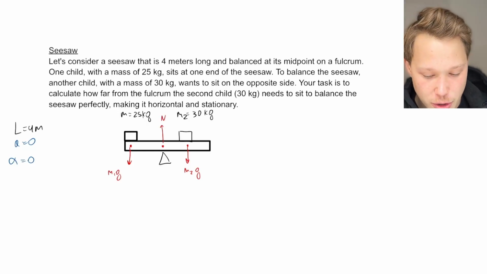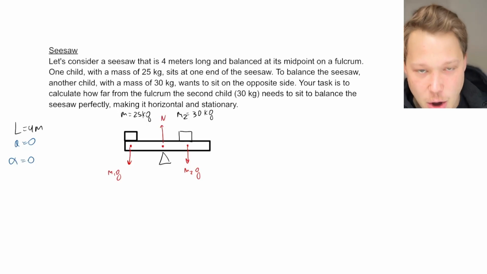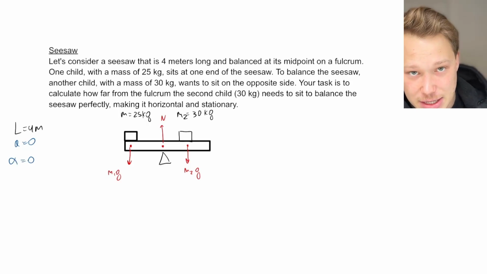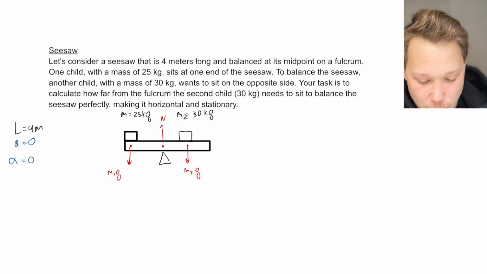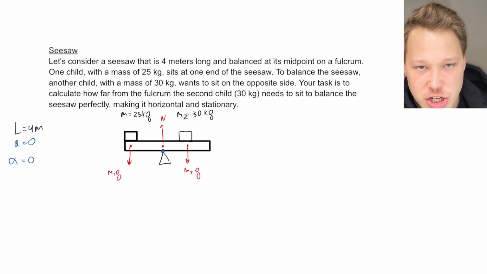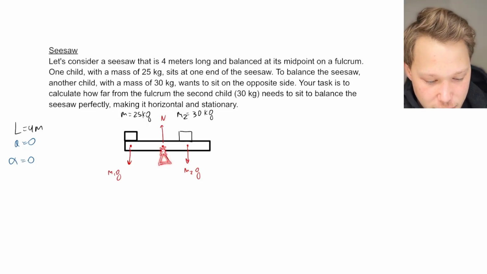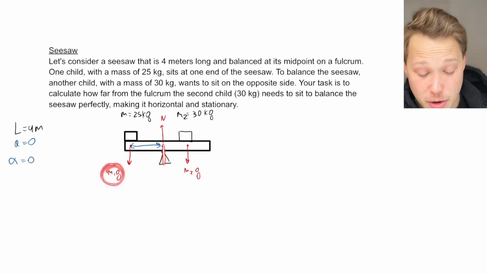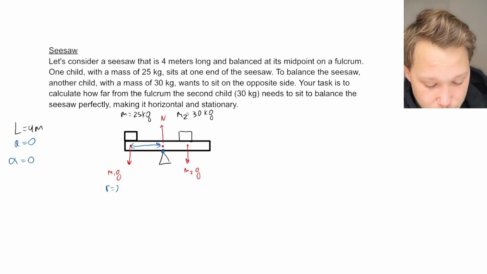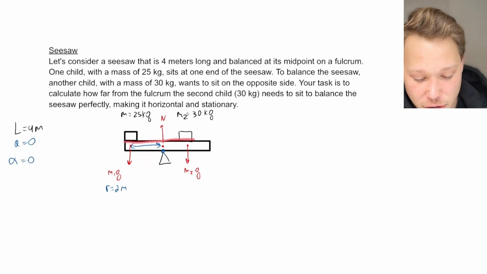From the fulcrum support. So the second step is that we have to consider the distances away from the point of rotation. The point of rotation here is pretty obvious to pick, right? It's just this fulcrum right here. The child sits all the way on the left end, so the distance this force is applied away from the point of rotation is going to be 2 meters, just half of the length of the seesaw.